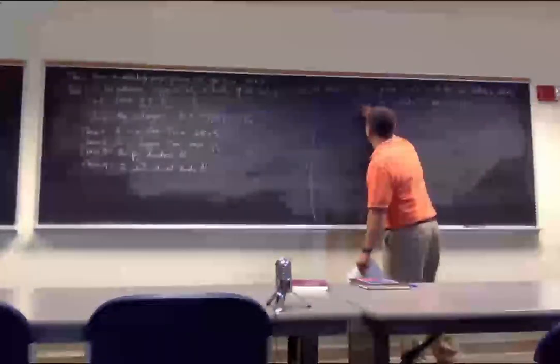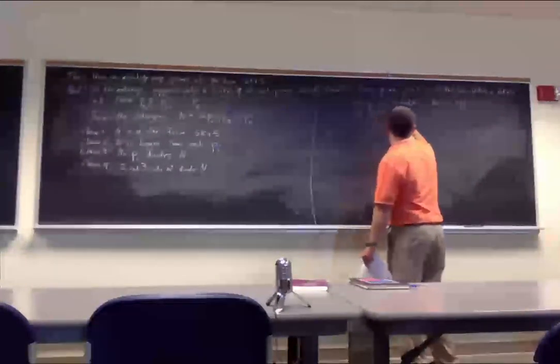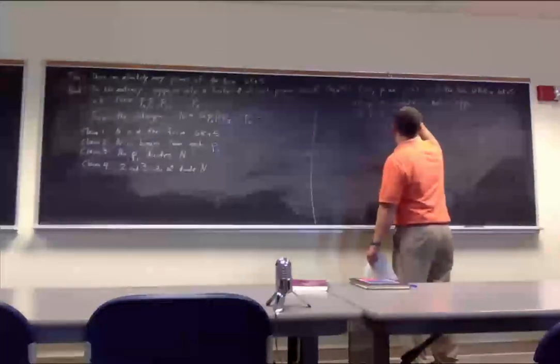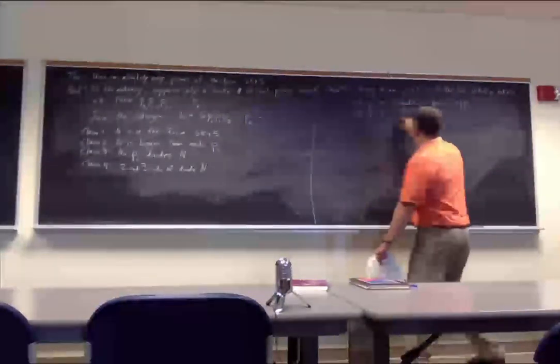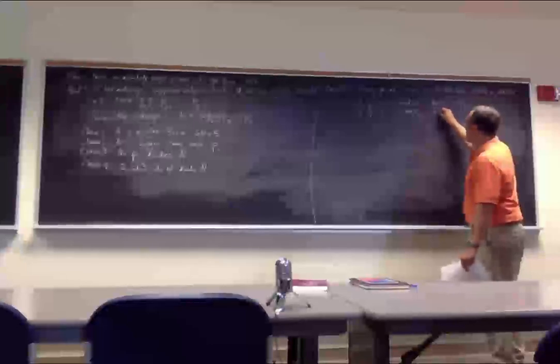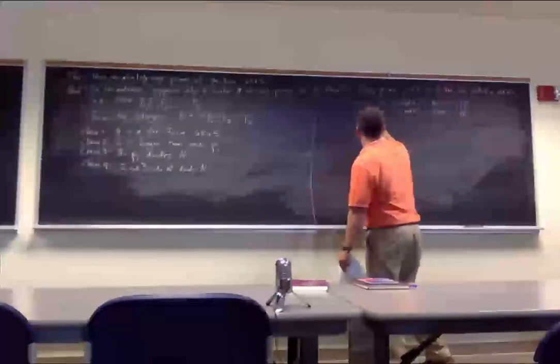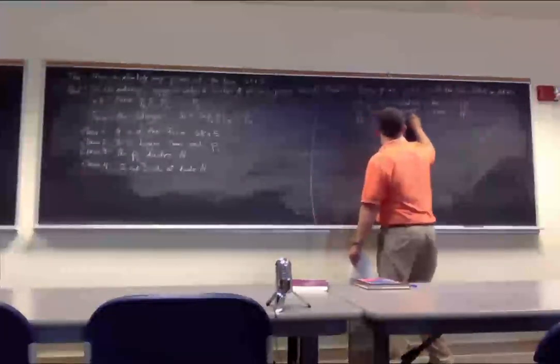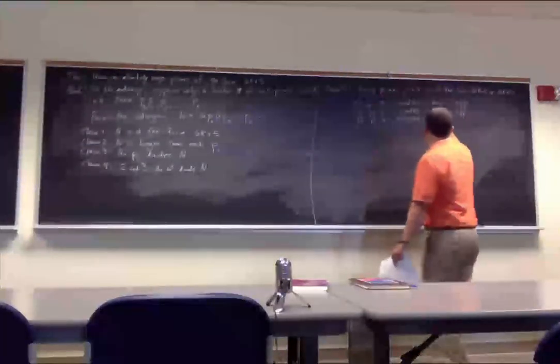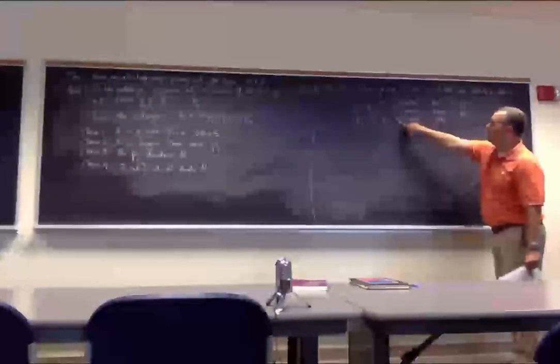If p is congruent to 2 mod 6, then p is even as well. If p is congruent to 3 mod 6, then it's divisible by 3.